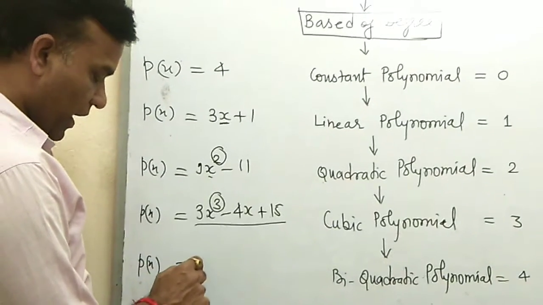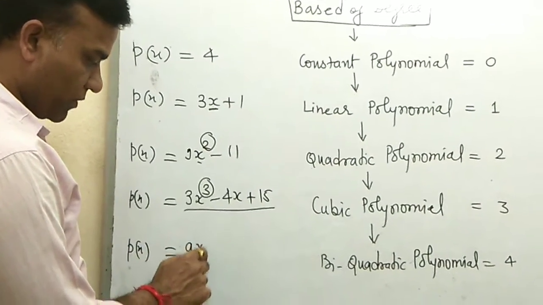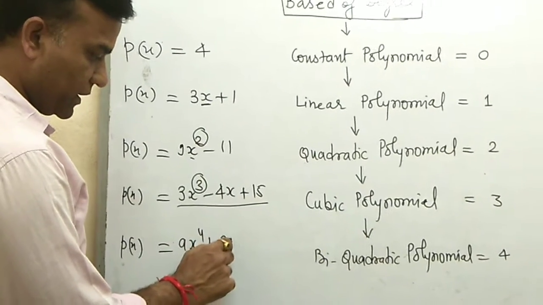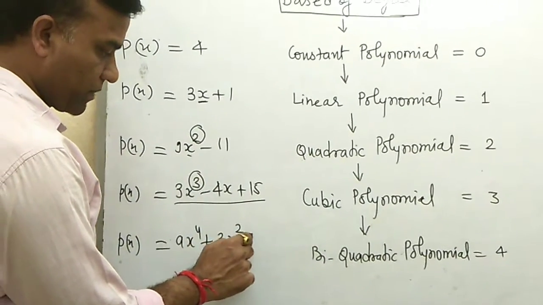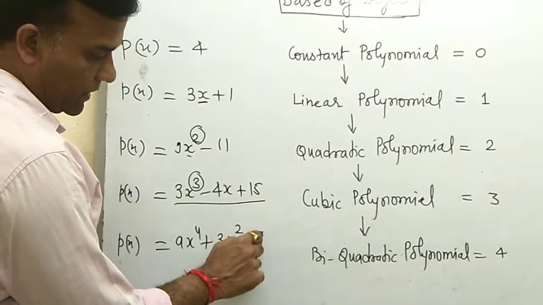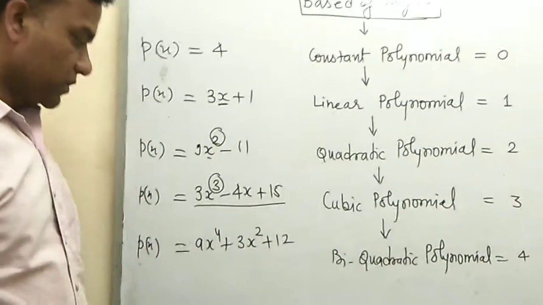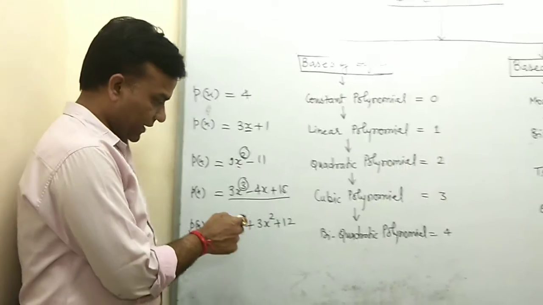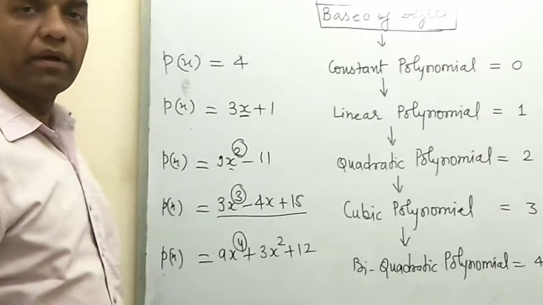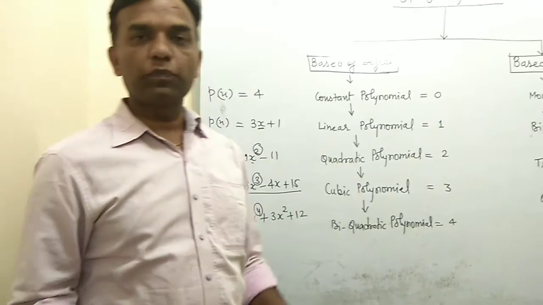Okay, so now here we include something like x to the power 4 plus 3x square minus, plus maybe you add on 12. How many terms there are does not matter, but one thing to remember is that the highest power of the variable is 4.